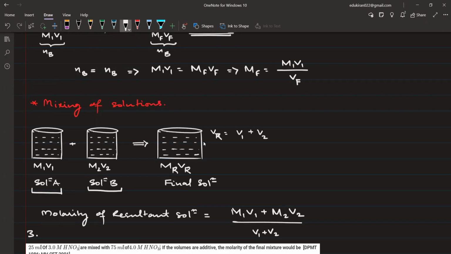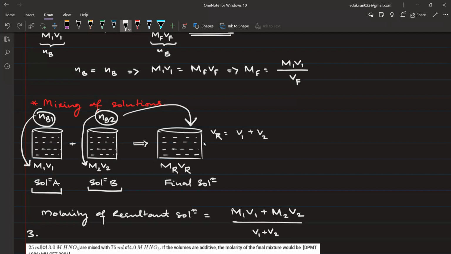Now, what will be MR? Here we had number of moles NB1, and here we had number of moles NB2. NB1 can be represented by M1V1, and NB2 by M2V2. Both of these amounts of moles are in the resultant solution, so I will add both.